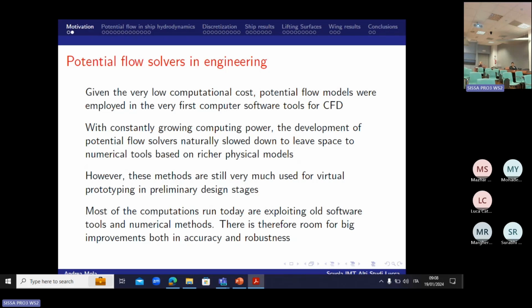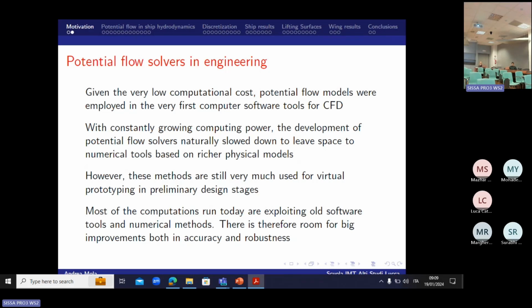It's only natural that when the computational power increased, people started drawing their attention to developing more complex models, such as methods for the solution of the Navier-Stokes equations. And so these methods have been left behind. However, they're still very much used in the early design stages because they're ready and fast in providing information.